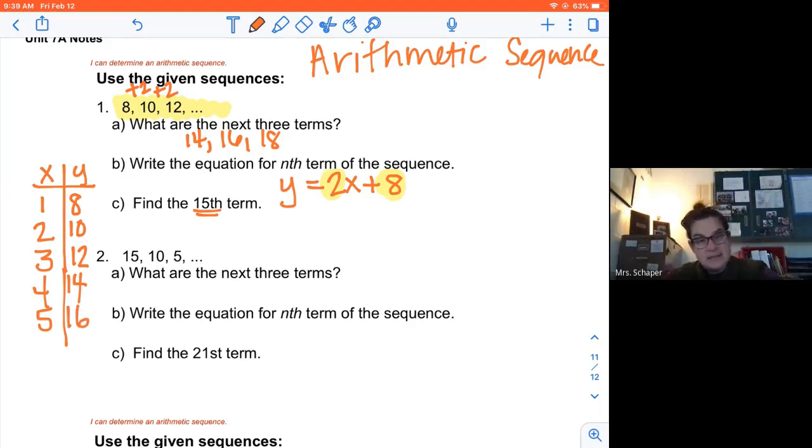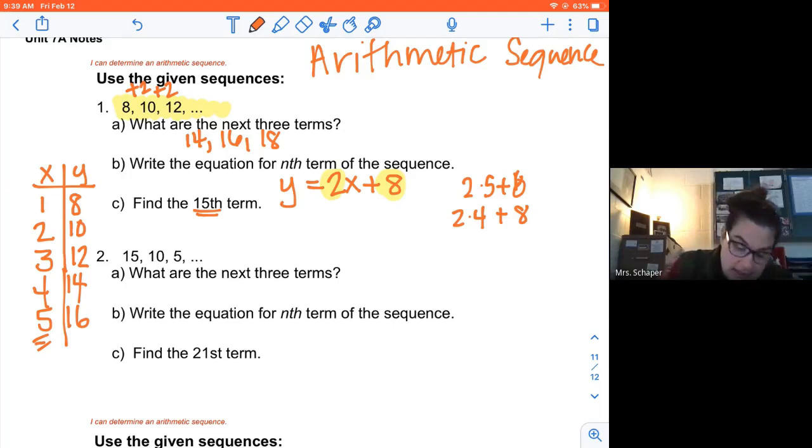If I take this equation and I put 5 in for x, 2 times 5 plus 8 doesn't give me 16. Okay, 2 times 5 is 10 plus 8 is 18. If I put 1 less in, 2 times 4 is 8 plus 8, that gets me 16. So this number is my term number. This number is my value.